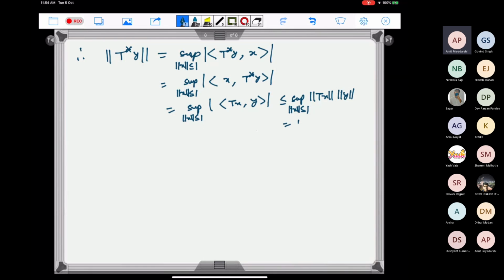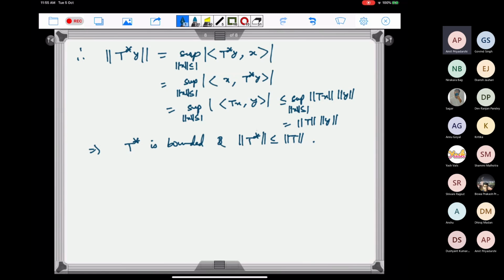So this is equal to norm t times norm y. So this implies t star is bounded and norm of t star is in fact less than equal to norm t. Right, so t star is in BH and norm t star is less than equal to norm t.